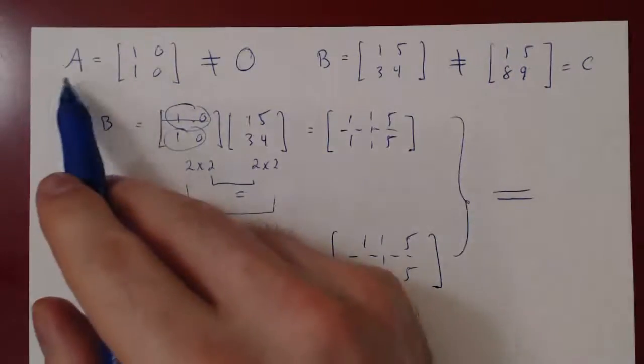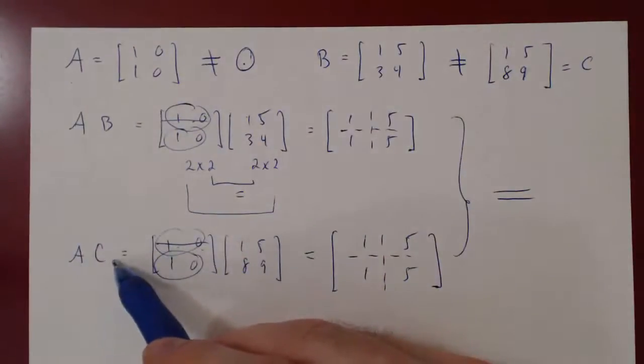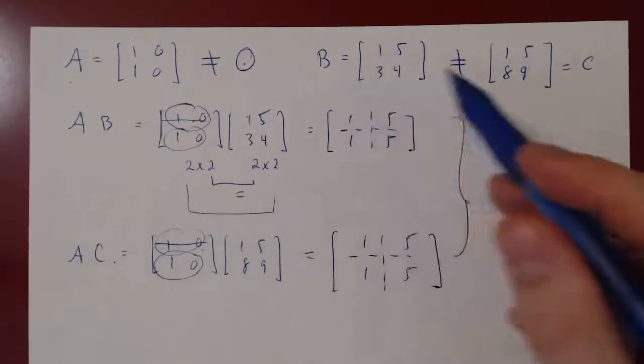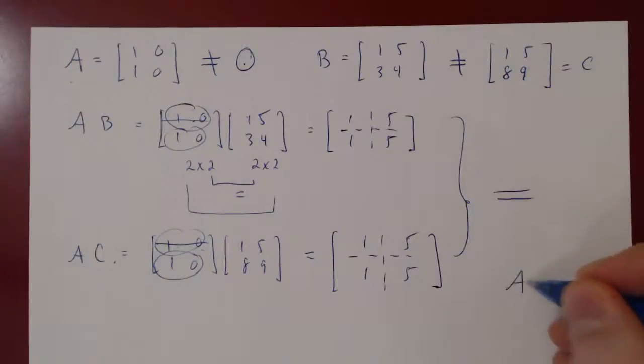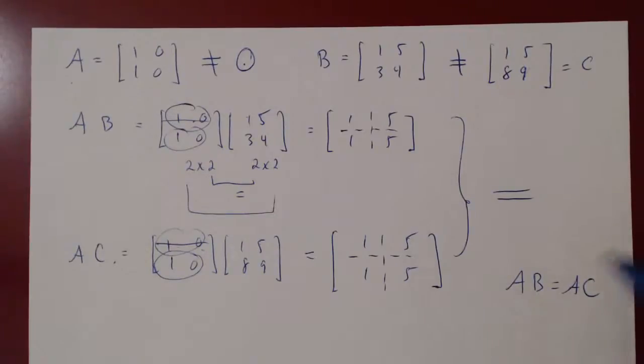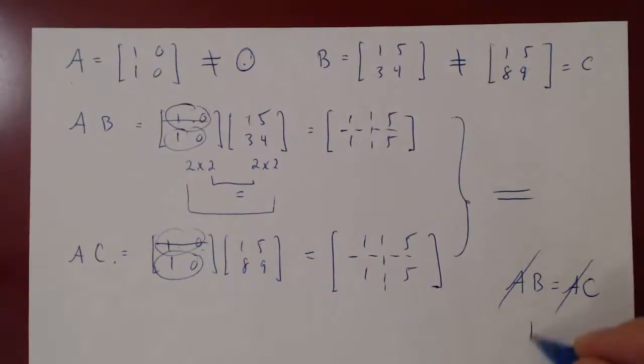And so you see, A is not the zero matrix, AB is equal to AC, and yet B is not equal to C. So you have to be very careful if you ever have that AB equals AC. You can't always just say, well, A is not the zero matrix, so I can just cancel A, therefore B equals C. This actually fails for matrices.